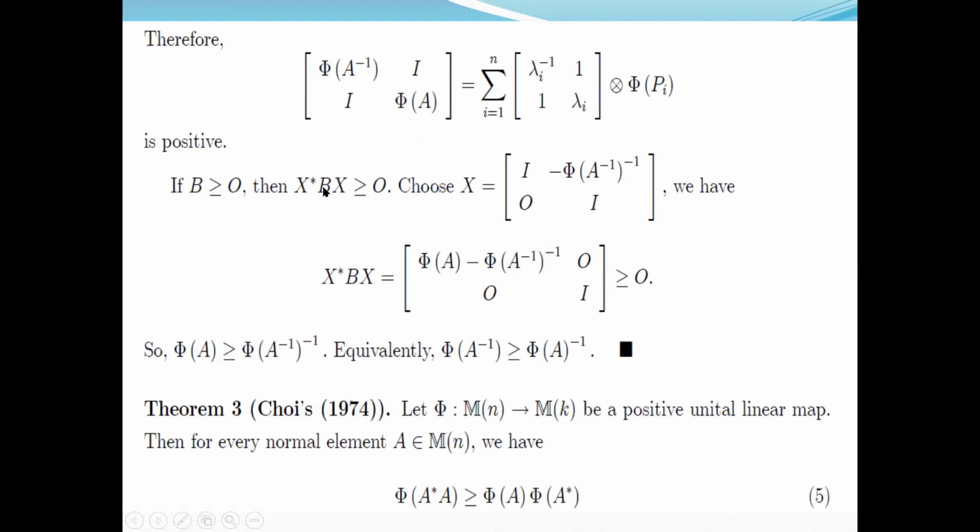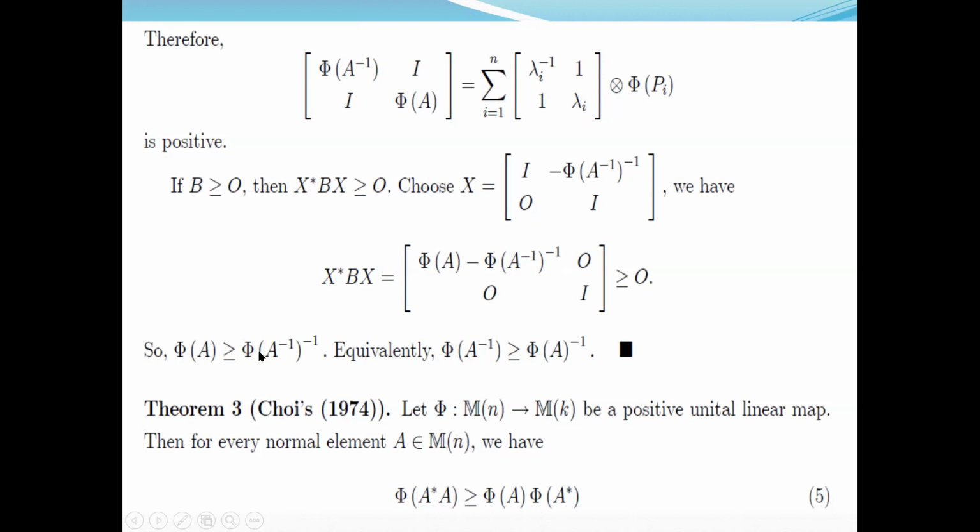So again using this argument, if B is positive semi-definite, then X star B X is also positive semi-definite. And choose X to be this matrix. We have this matrix comes out to be positive semi-definite. So again from here, this is a principal submatrix.